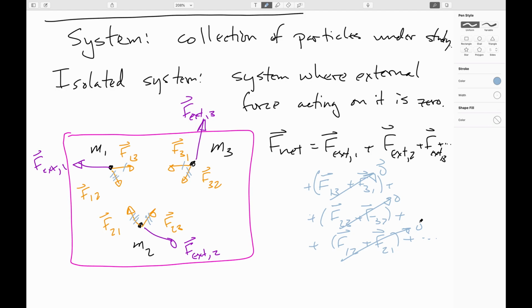This is why we don't care about the details of the forces that hold things together. After you define the system, the net force is going to be the sum of all the forces on all the particles, but all those internal forces, because of Newton's third law of motion, will cancel out, and we're just left with the external piece.